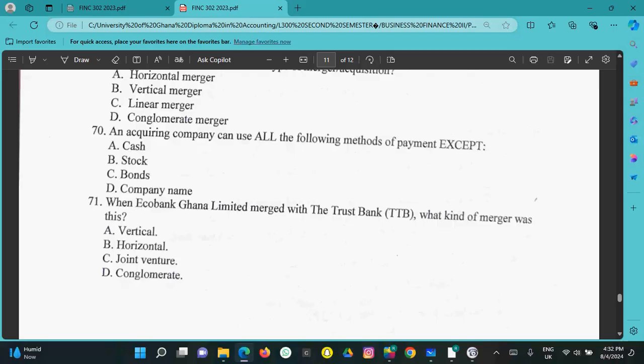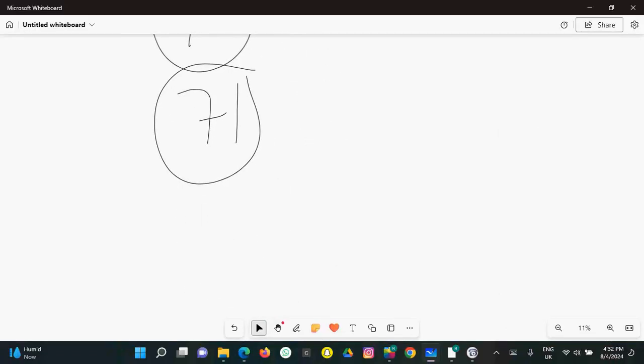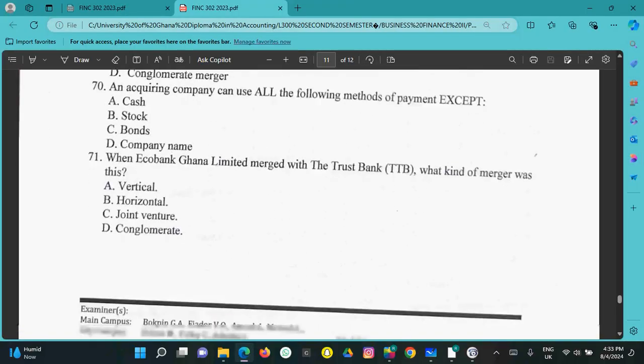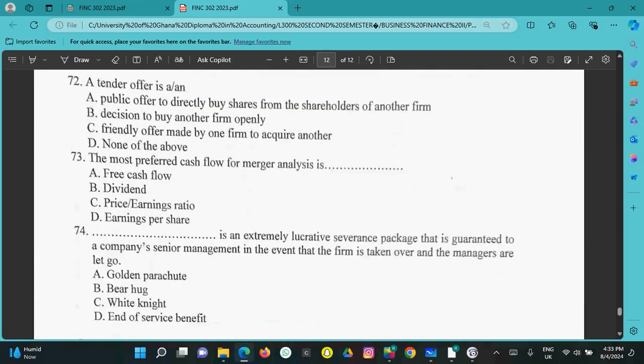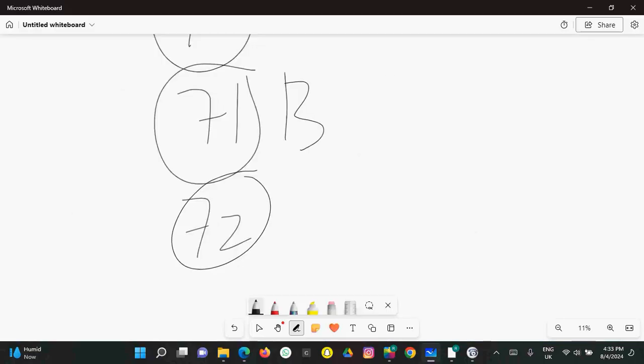They are doing the same activities. 72. A tender offer is a public offer to directly buy shares from the shareholders of another firm. So number 72 is A.